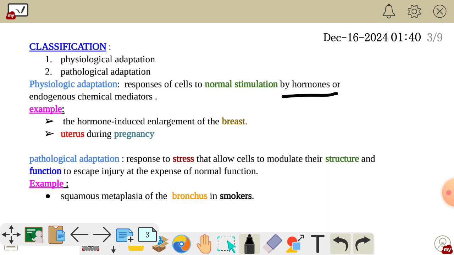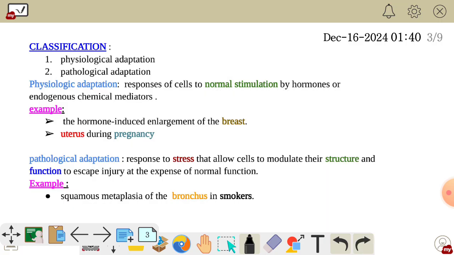Okay, so a normal stimulation by hormones or endogenous chemicals such as growth hormone is what we call physiologic adaptation. Okay, so as an example of physiologic adaptation, we have the hormone induced enlargement of the breast. So during puberty and pregnancy, the breast enlarge. Okay, so they become larger in size. So that hormone induced enlargement is normal stimulation.